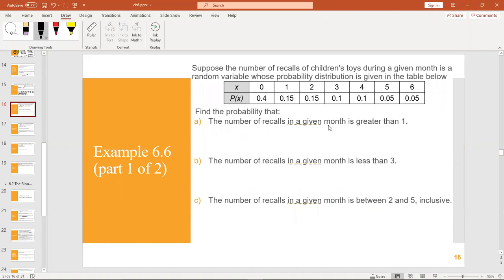Greater than 1 doesn't say greater than or equal to 1, so we want the chances of 2, 3, 4, 5, and 6: 0.15 plus 0.1 plus 0.1 plus 0.05 plus 0.05, which adds up to 0.45.